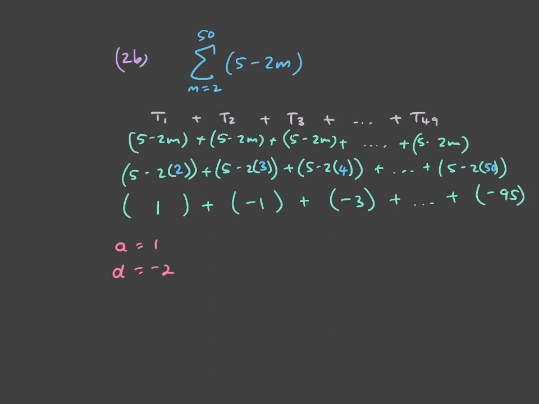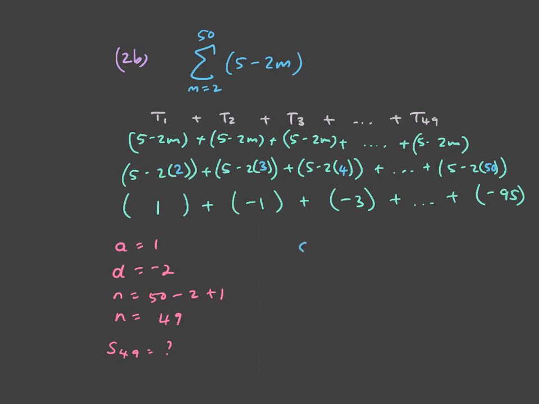If you're not sure how to do that, again, term 2 minus term 1 is the same as term 3 minus term 2. Alright, and what else? We've got n. How many terms are there again? 50, top counter minus bottom counter plus 1. So n is going to equal 48 plus 1, which is 49. And we need to find out, in other words, the sum of the first 49 terms. Let's hit it.